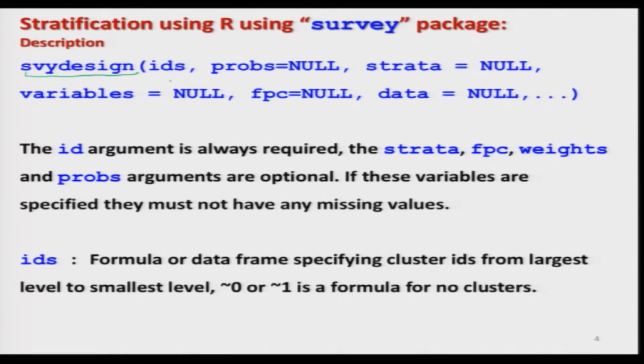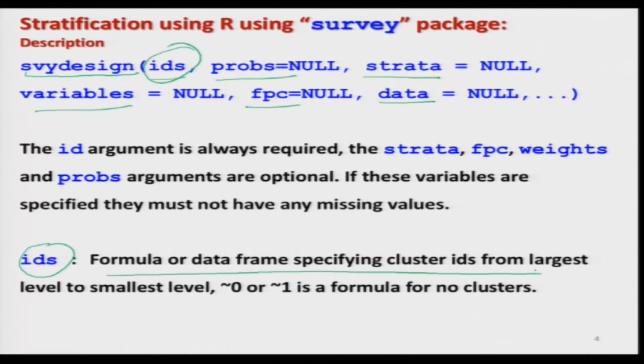And then there are actually lots of options, but we are going to consider here ids, probs, strata, variables, fpc and data. These are important, and ids is actually compulsory and all other things are optional. So, ids will indicate a formula or a data frame specifying the cluster IDs from largest level to smallest level.